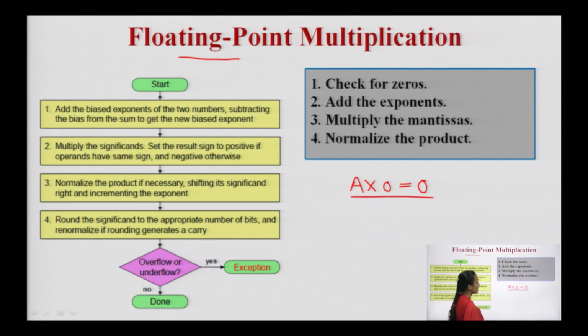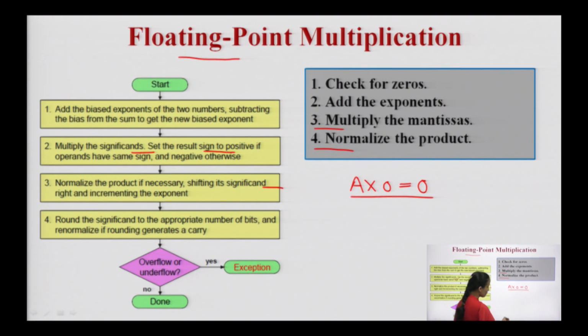Then multiply the mantissas, then normalize the product. That is, add the biased exponents of the 2 numbers, subtract the bias to get the new biased exponent, multiply the significands, and see the sign: the result is positive when both numbers are positive or both are negative. Then normalize the result, round off and check for overflow and underflow. If there is overflow, then raise the exception.